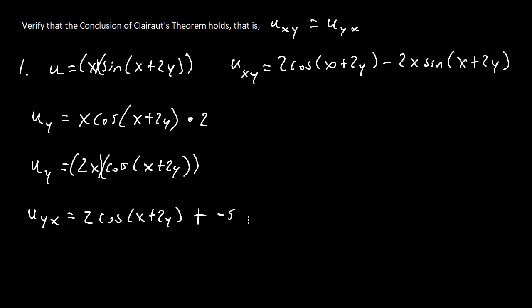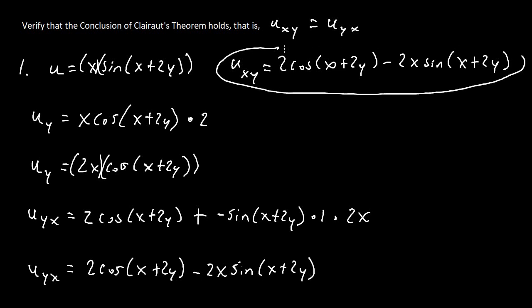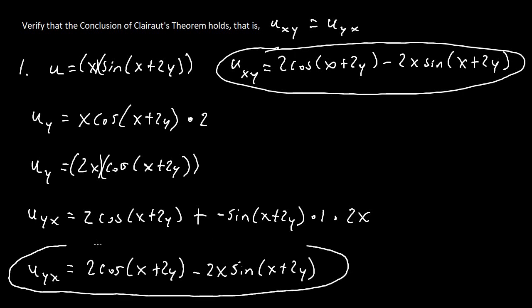The derivative of cosine is a negative sine of x plus 2y, times the derivative of the inside function, which is obviously just 1 plus 0, which is 1, times the first function unchanged. So u sub yx is going to equal 2 times cosine of x plus 2y minus 2x sine of x plus 2y. And notice u sub xy and u sub yx yield the same exact answer.